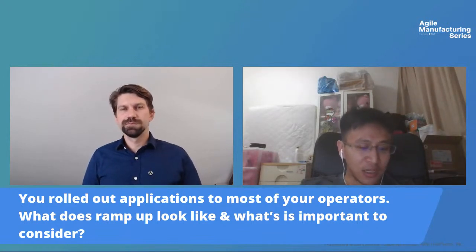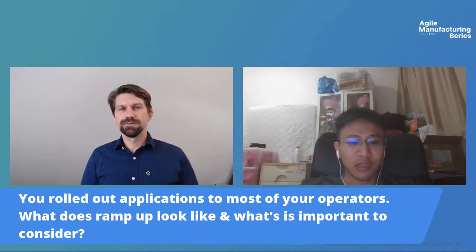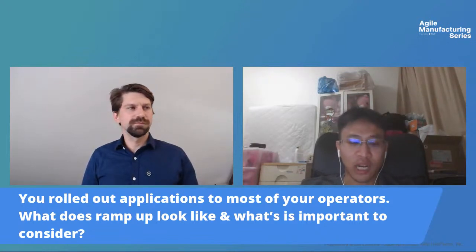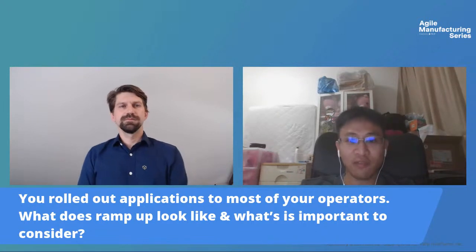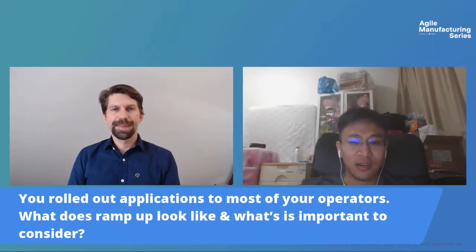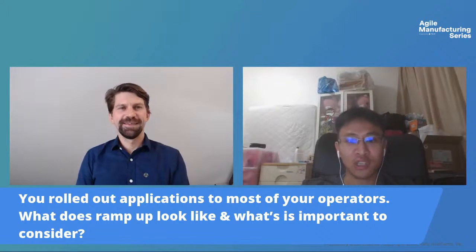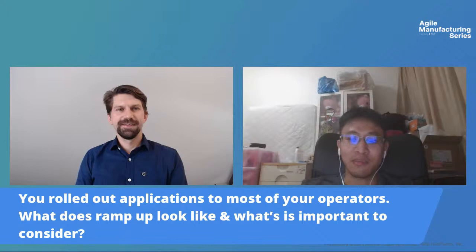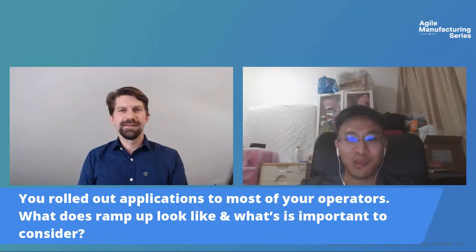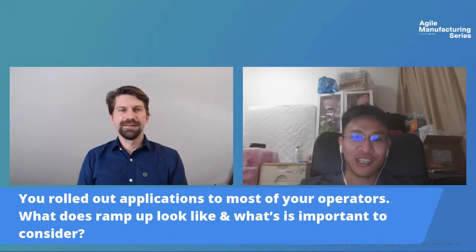The second point in terms of ramping up is very related to what I shared just now. It's not waiting for the perfect product. Typically when we launch Tulip, we work with the managers and the engineers, and you will realize that managers and engineers have a different point of view than the real person who is going to use the shop floor application.